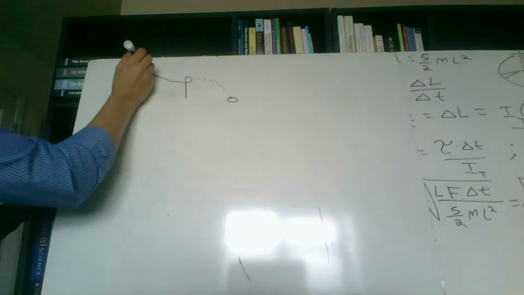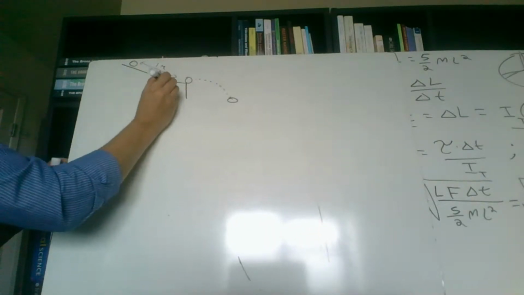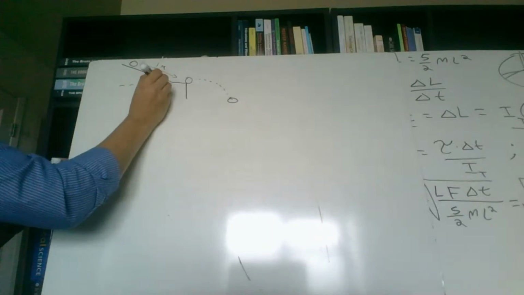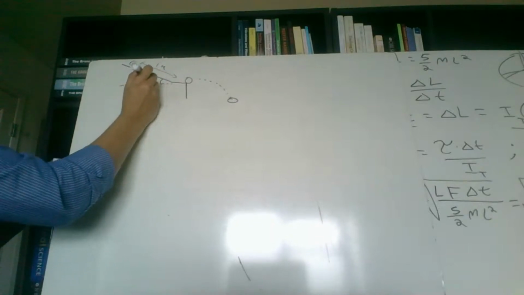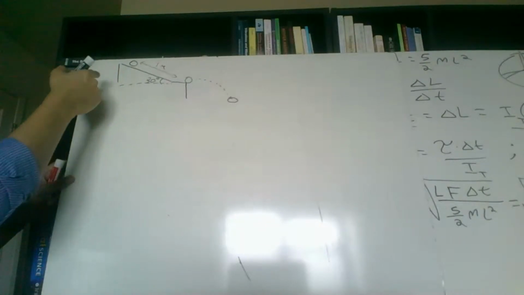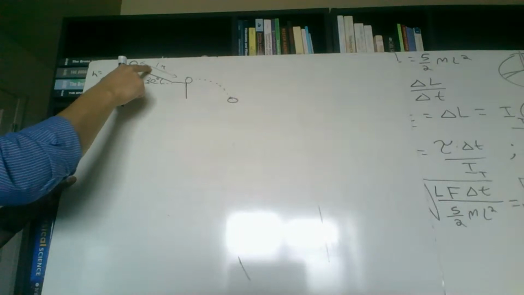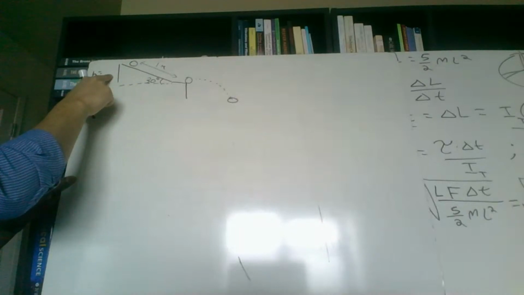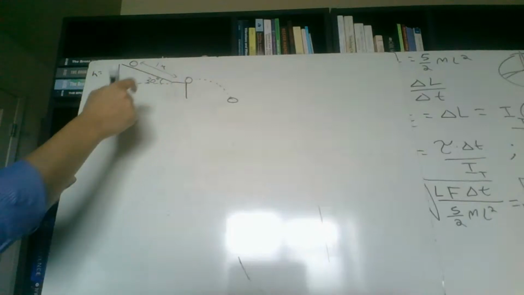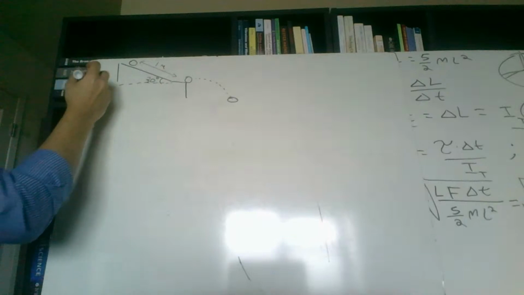And what they told us was this distance right here is 1 meter. They told us this angle right here is 30 degrees. And so what we could do is figure out what this height here is, h. H will equal opposite over hypotenuse, so that's sine theta. And so we end up with 1 times sine theta.